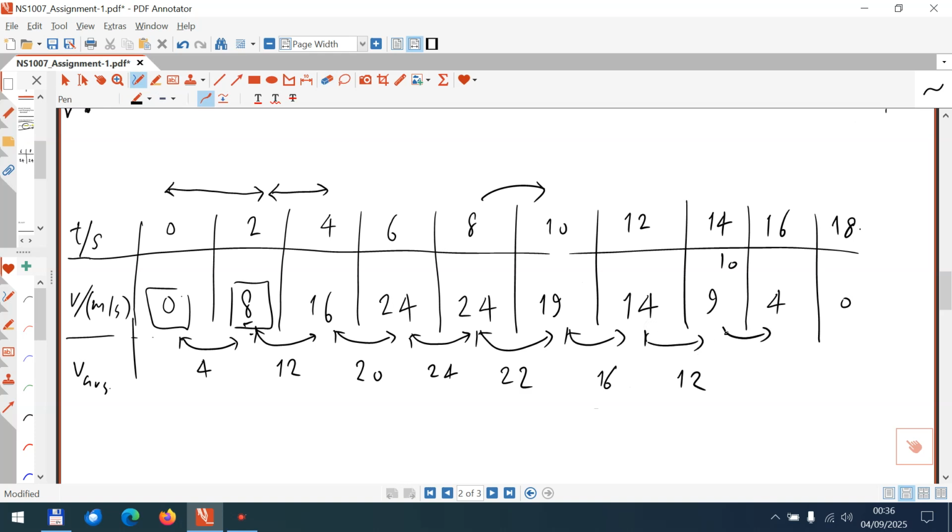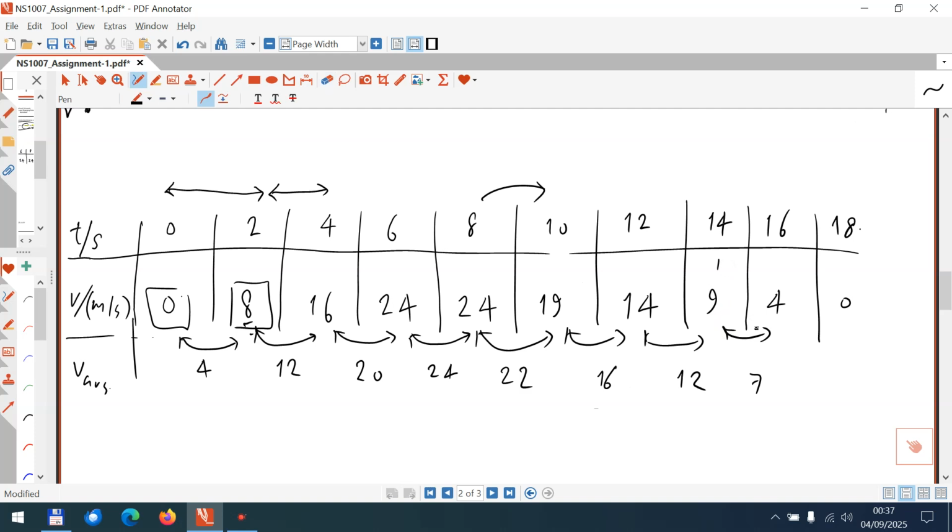Then 9 plus 4. So the average between 9 and 4. Again, replace this 9 with 10, and 10 plus 4, 14. 14 divided by 2 is 7. But because this is not 10, this is 9, right?